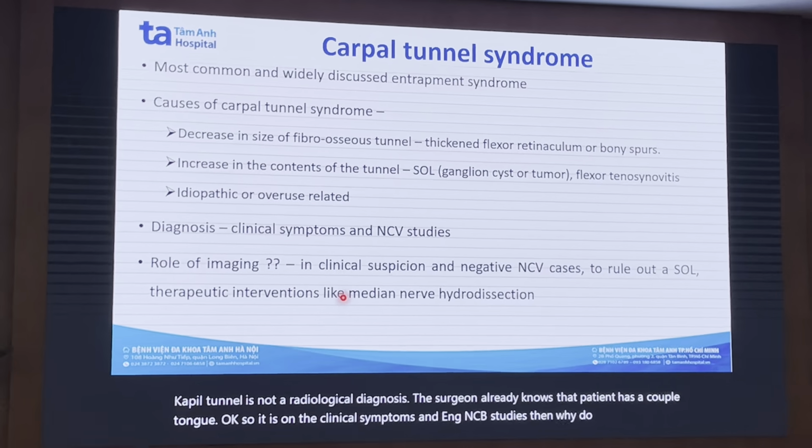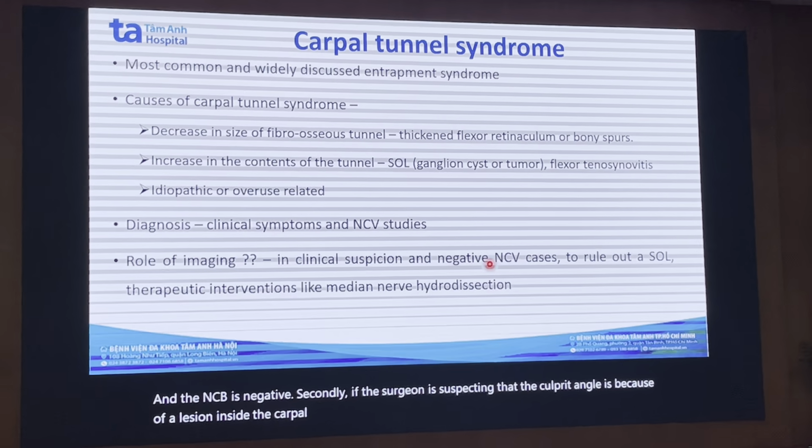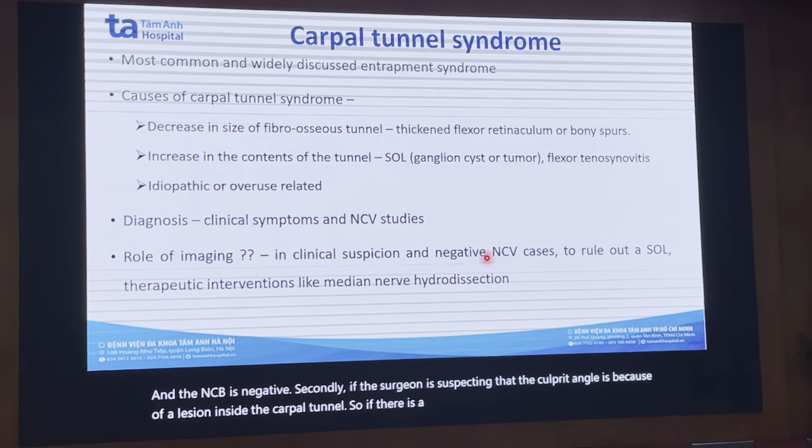Secondly, if the surgeon is suspecting that the carpal tunnel is because of a lesion inside the carpal tunnel, like tenosynovitis or a mass lesion, then you want to image the carpal tunnel to identify the cause for the carpal tunnel syndrome.